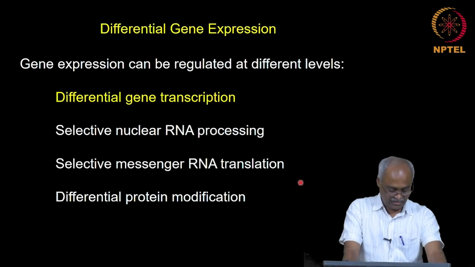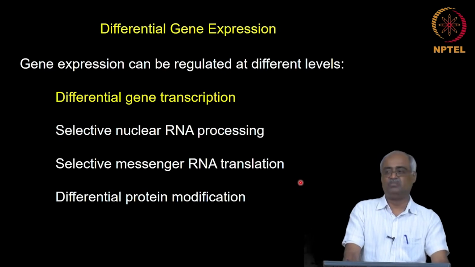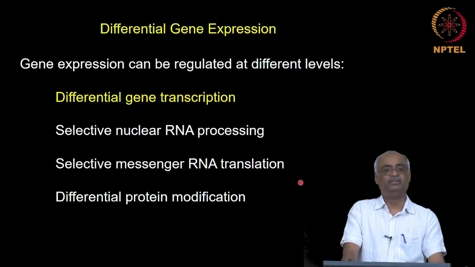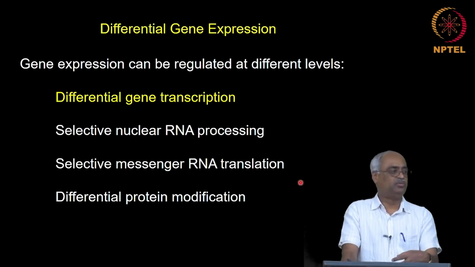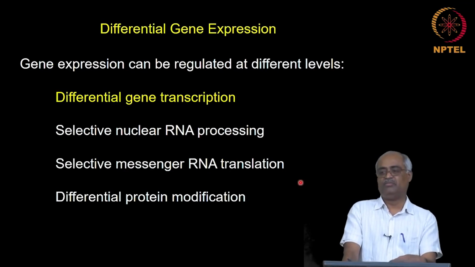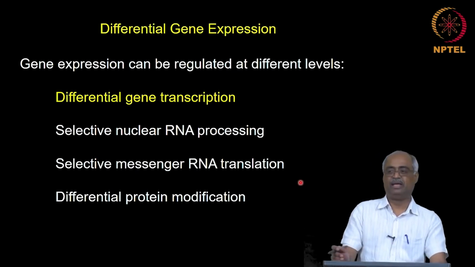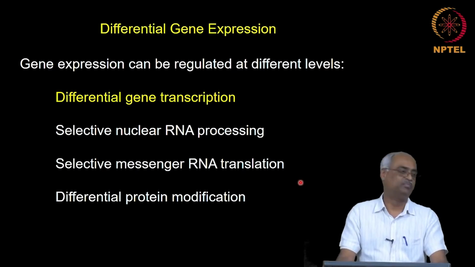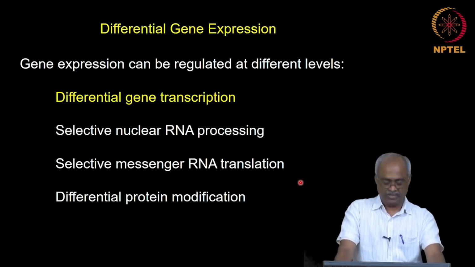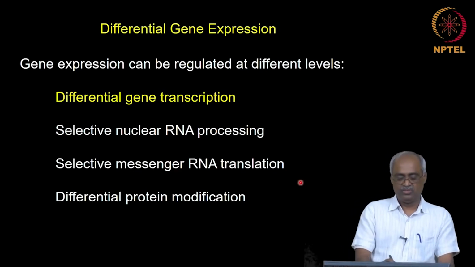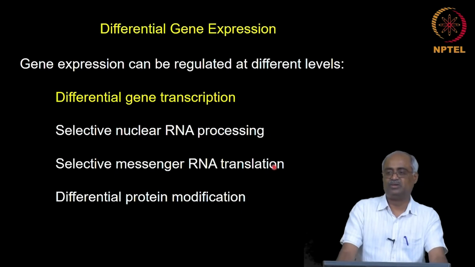A lot of the proteins required during early embryogenesis have their mRNAs already transcribed in the mother's germline and brought in via the oocyte cytoplasm, where the mRNAs are kept translationally quiescent and their translation is sequentially activated as and when they are required. So, these are two very good examples where translation control plays a major role. That is how you have selective messenger RNA translation.